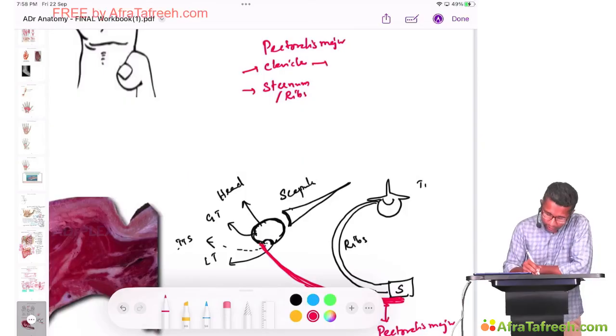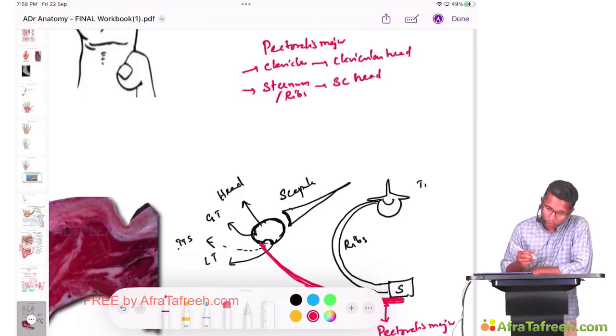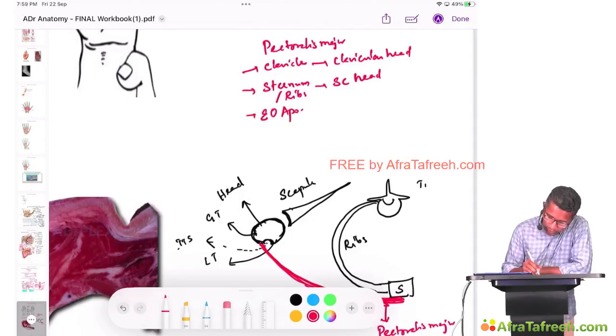And it arises from the external oblique aponeurosis. This is called the aponeurotic head.